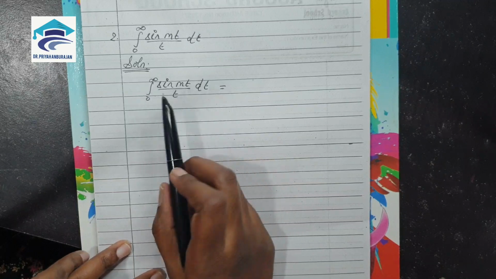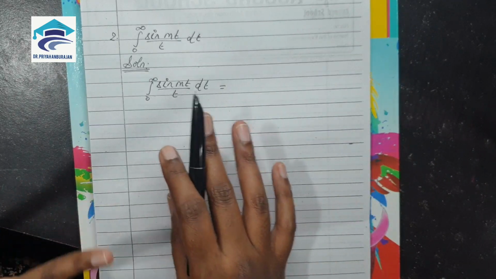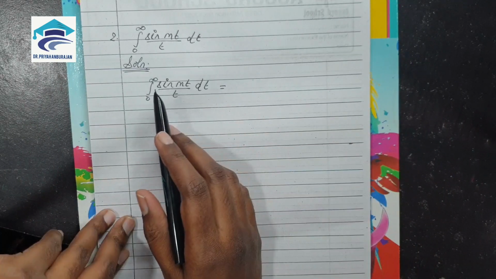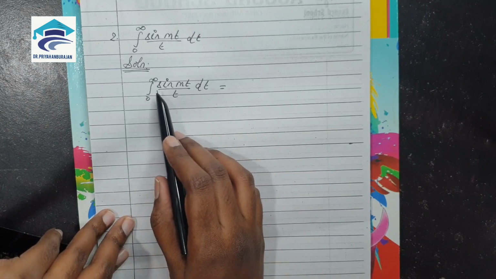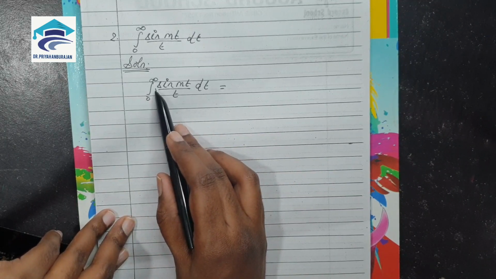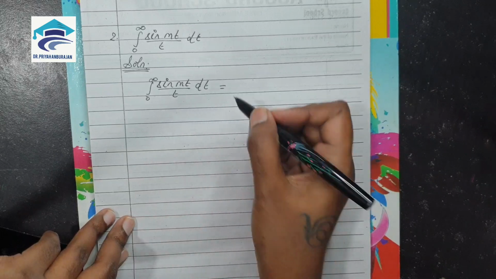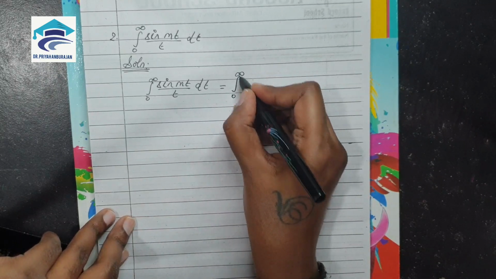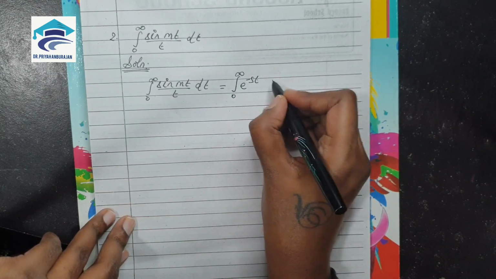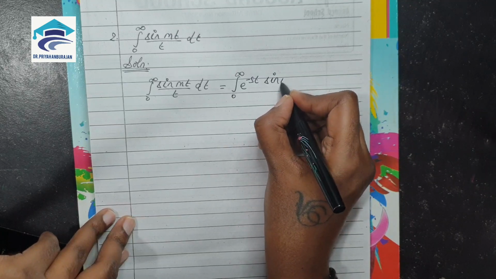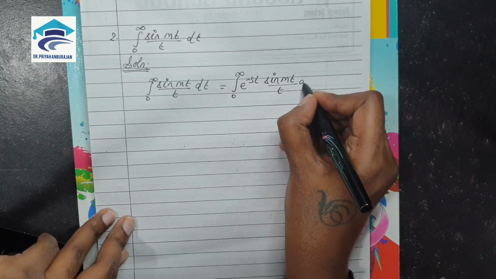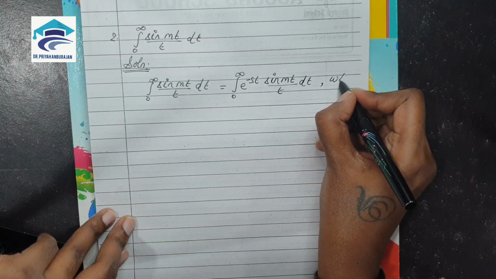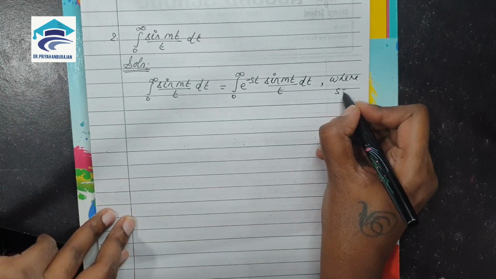So, we have to write this as L of something, that is a Laplace transform of some f of t. In order to use a Laplace transform formula, we need the exponential term, but you do not have any exponential term here. But what we can do here is, you can write it as e power minus st sin mt by t dt, where s is equal to 0.